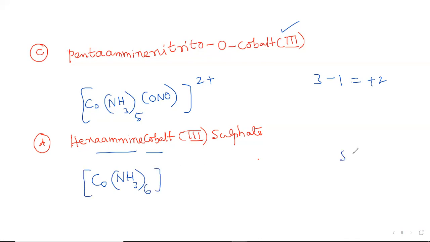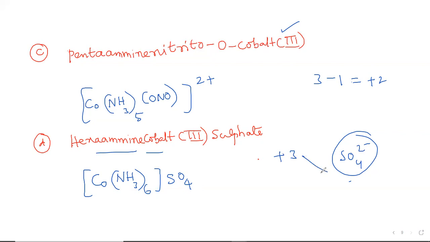NH3 ligands around cobalt. And sulfate, sulfate is SO4 2 minus. We have to write SO4 2 minus outside the coordination sphere. To know how many sulfates to write outside, we should be careful about the coordination entity, as cobalt is in the +3 oxidation state.